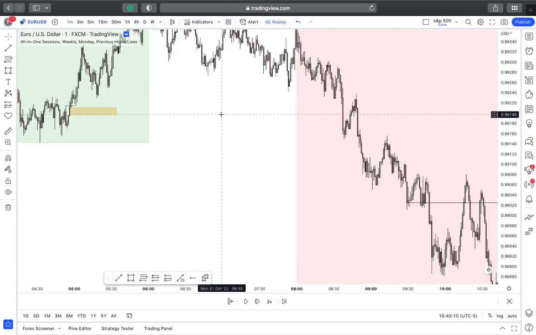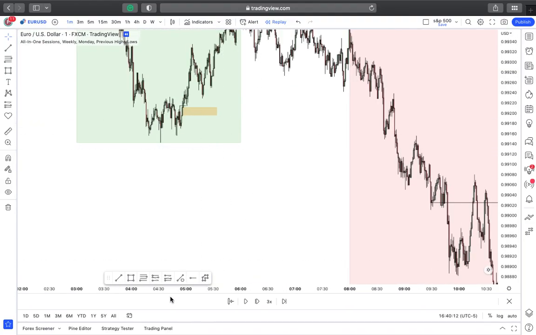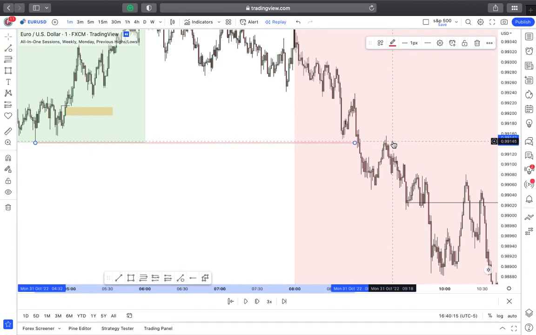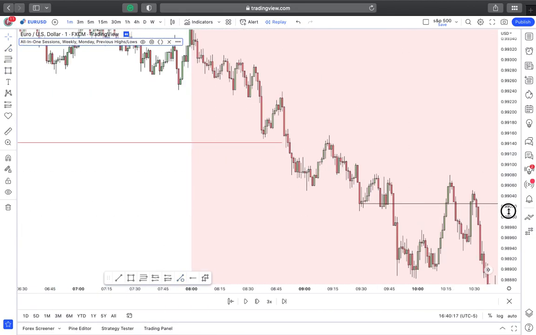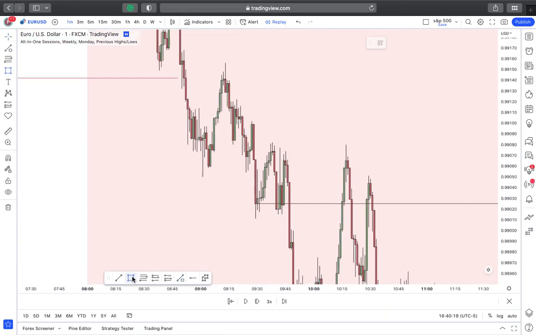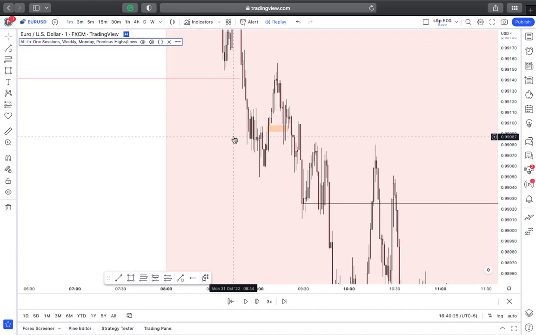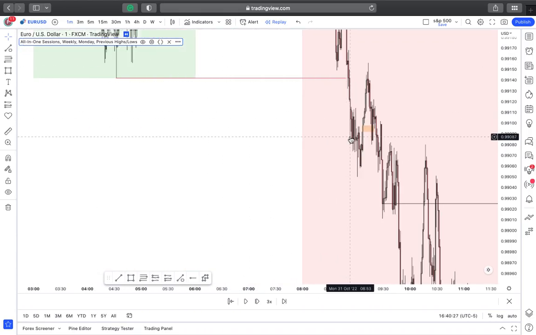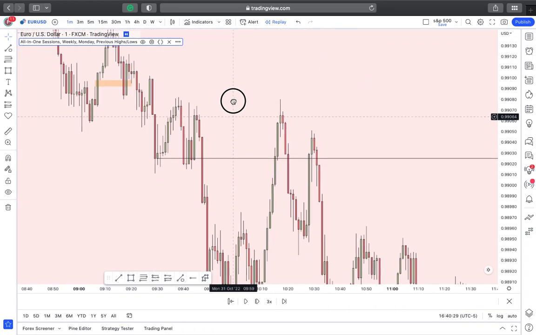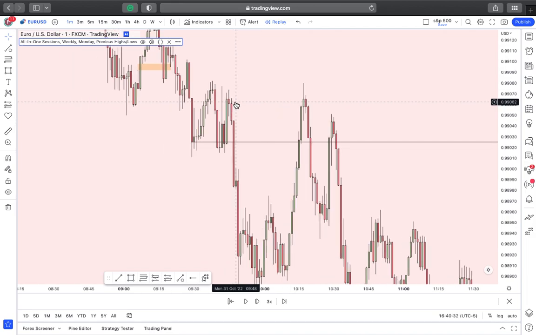So what did price sweep first? If you go like this, the lows, and this is where your fair value gap entry is, and this is your first stop loss.